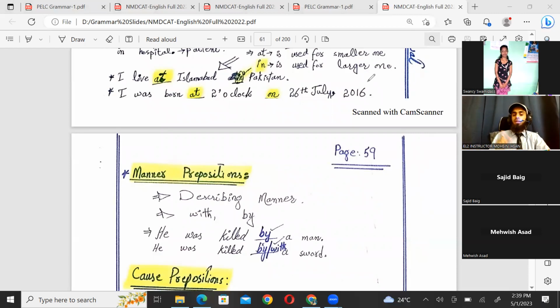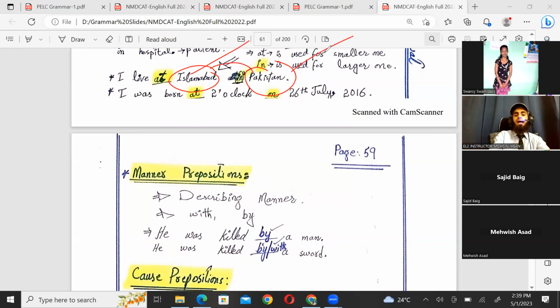Sometimes you are going to use at and in together in your speaking or in your writing. Now, where to use at and in in one sentence? At should be used with the smallest one and in must be used with the largest one. Smallest unit and largest unit, smallest object and largest object. Look, Islamabad and Pakistan. Comparatively, Islamabad is the smallest, Pakistan is the largest.